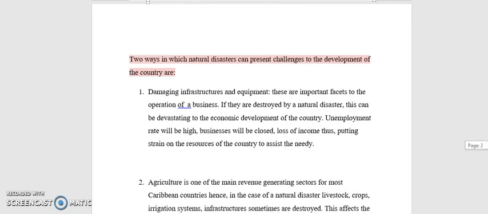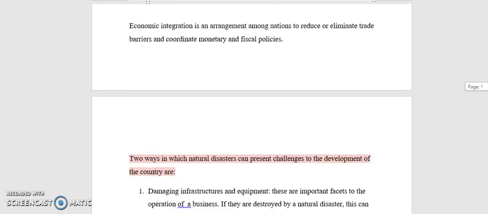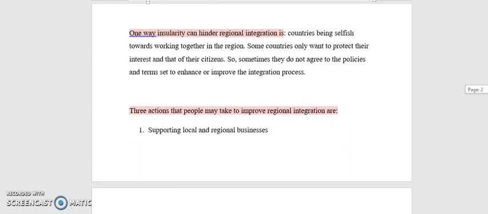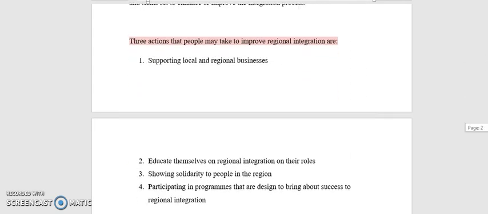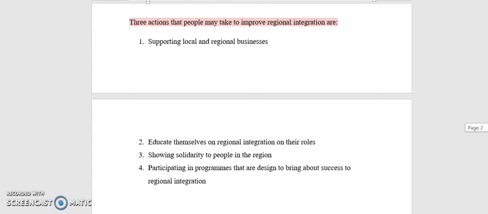So I am going to allow you to do some work to see how much you have been learning about regional integration. So I'm going to give you a chance to practice writing the answers for these questions.